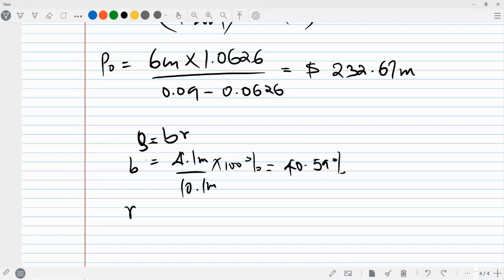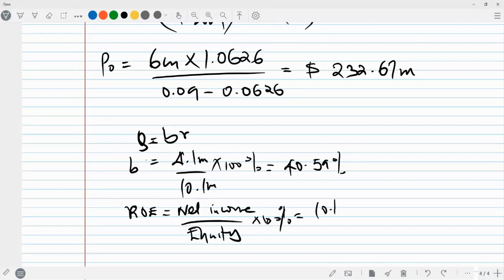Return on equity is not given, so you have to compute it. ROE is net income divided by equity. The net income of the company is 10.1 million.